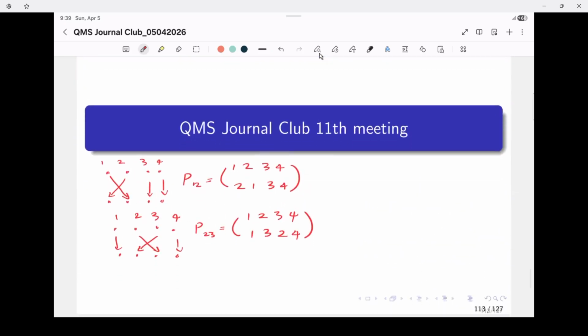For instance, if you want to multiply P12 and P34, you don't multiply as matrices, because this is basically telling you how to permute your elements. Even though you write it in a way like a matrix, it is not actually a matrix. So the way to do that is to write the first element, and then in this way, 2, 4.